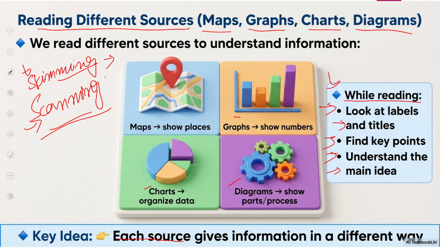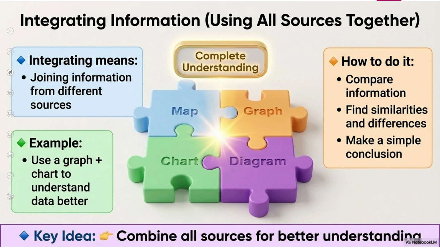So each source gives information in a different way. Yes, for this purpose, what will be the best source of getting information in a short time? Now, yes, integration of information using all sources together. Now look at this.